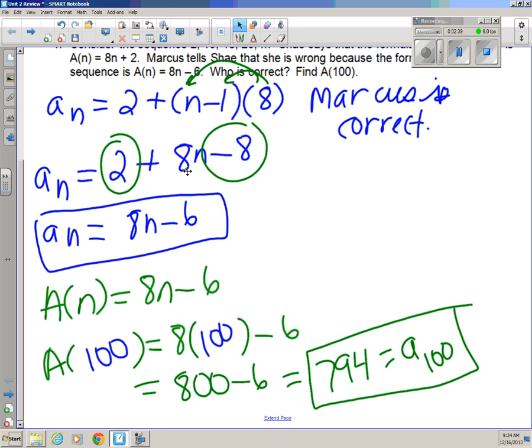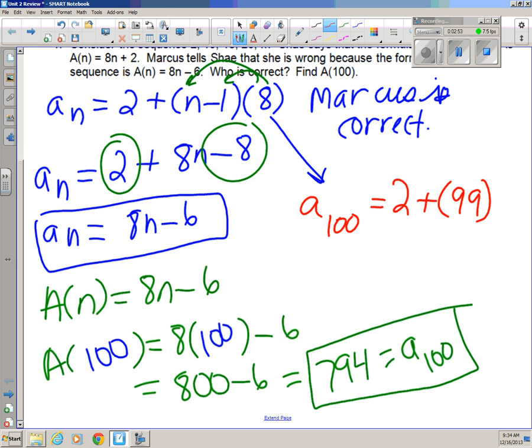If you want to use the original setup, the explicit formula, you would do it this way. The 100th term, a of 100, says I start with 2, but I need 99 more of those common differences. And that works as well.